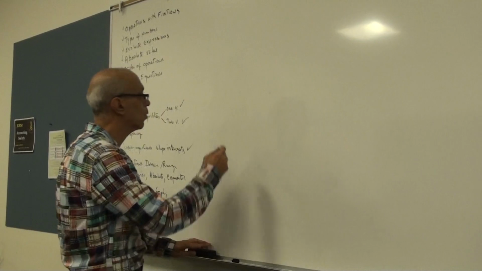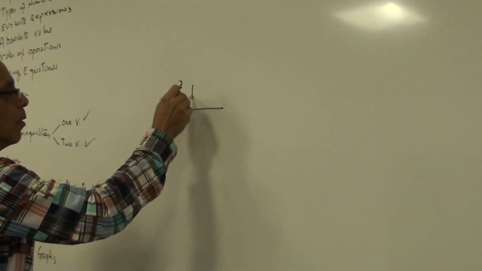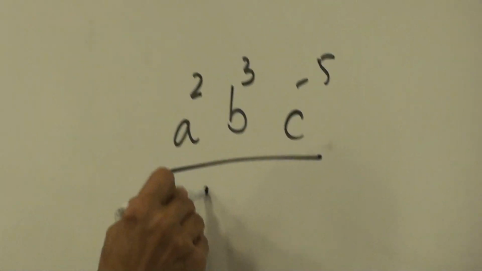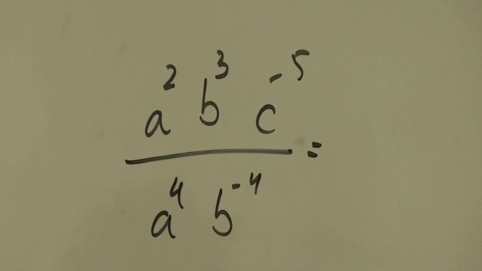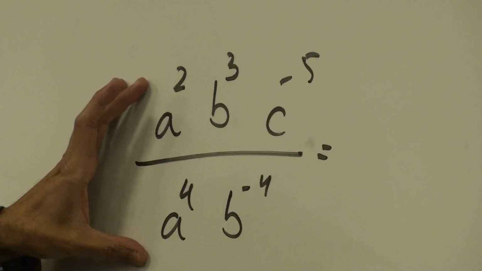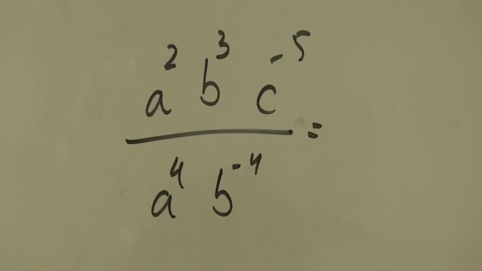A typical problem on the quiz could be something like this: a, b, c to the -5 by a^4, b^-4. So now here you need to be able to simplify this, okay? And for that you need to use those properties.